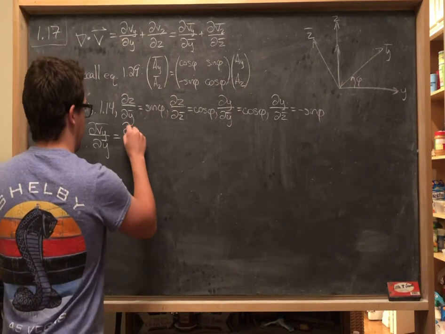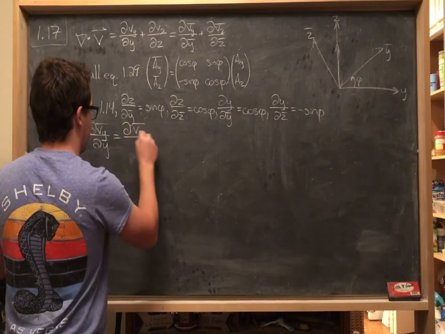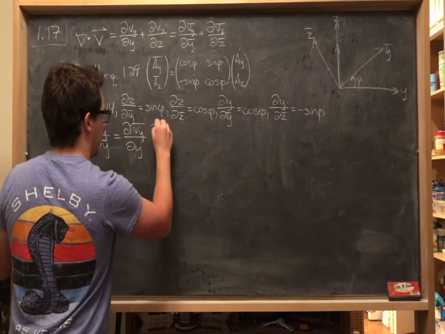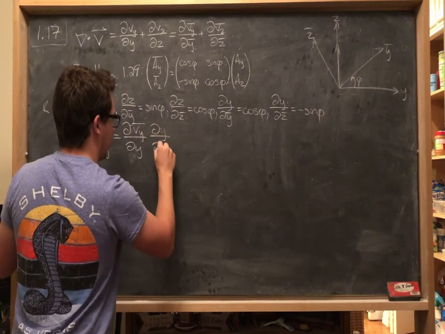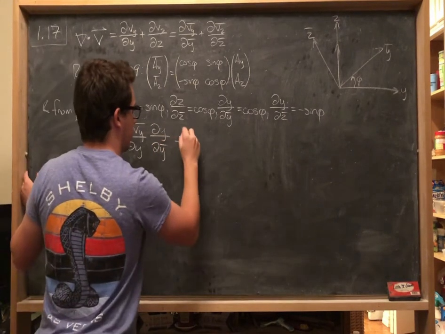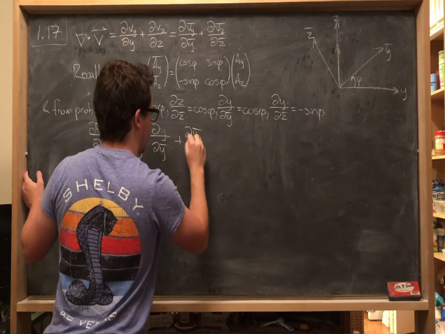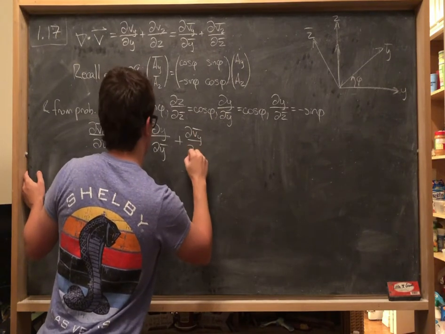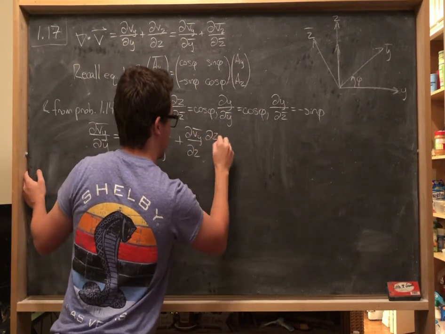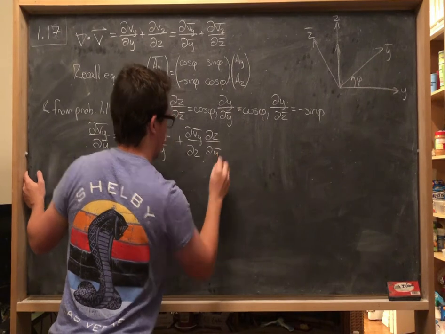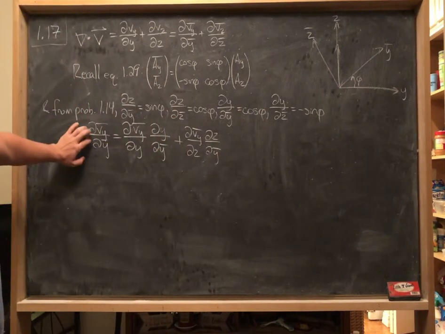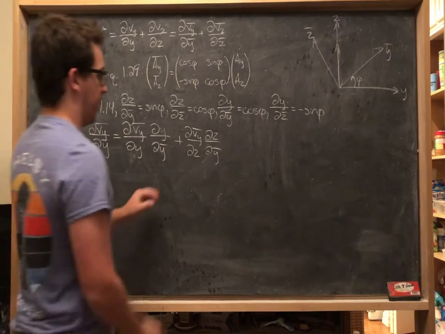So d vy bar d y bar plus d vy bar d z, so it looks something like this.